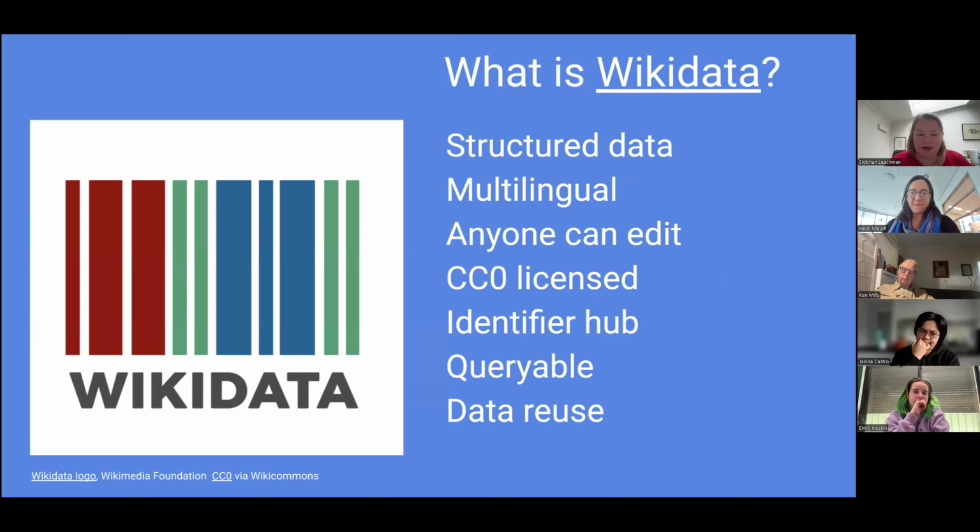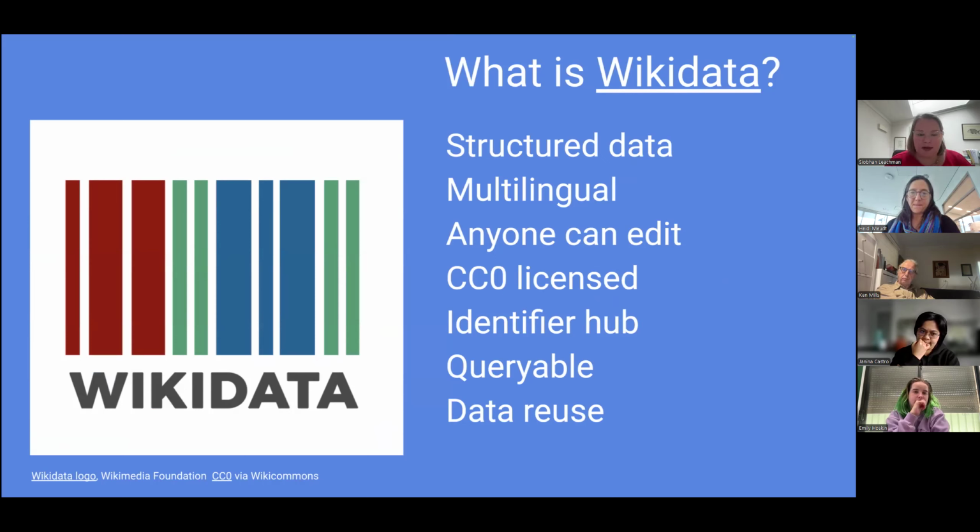The data can be queried, and because the data is openly licensed under a Creative Commons zero license, it can be reused without restriction. And really importantly, Wikidata acts as a hub for external identifiers. And this structure, openness, and accessibility makes it a really powerful way to answer some very complex questions.